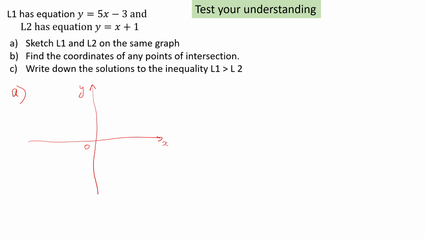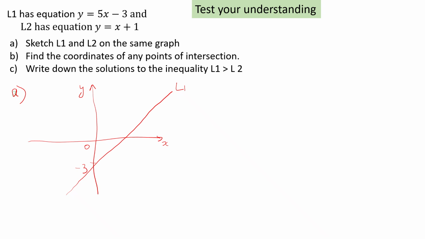First equation, y equals 5x minus 3. So the y-intercept is minus 3. Gradient is 5. This is L1. Label it.